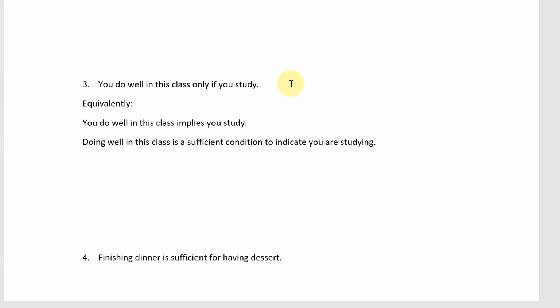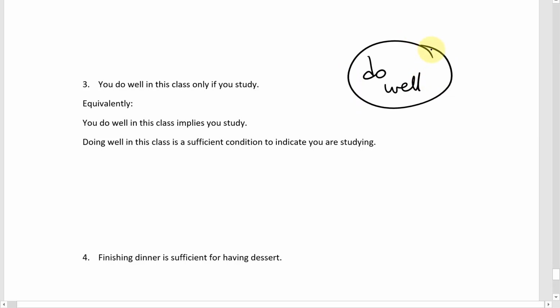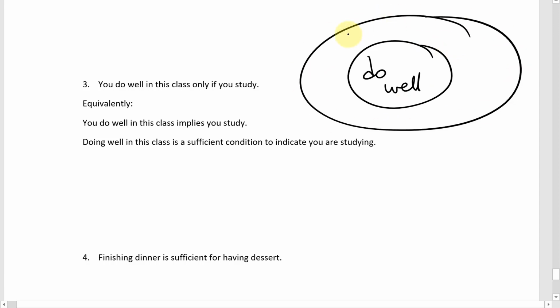I'm changing the wording a little bit to make it a more natural use of those words and still be logically the same. So what we're saying is that it's not saying that if you study, that's sufficient that you do well in the class. It's the other way around: if you did well, that's sufficient to know that you're studying. Doing well is inside of studying.